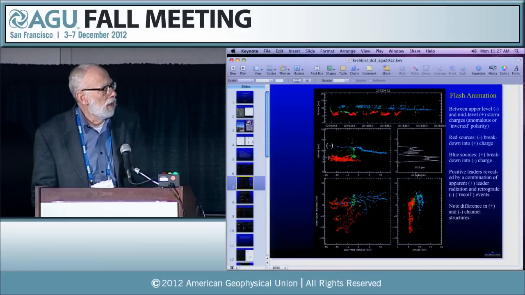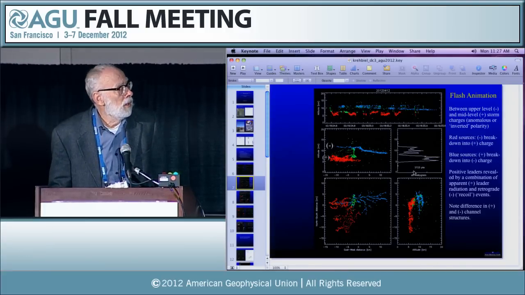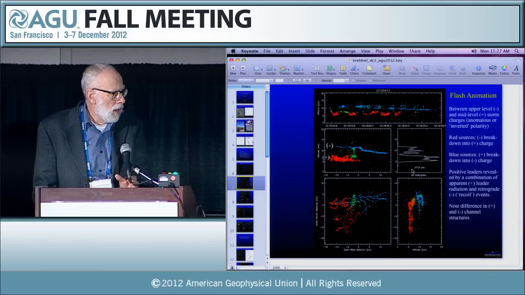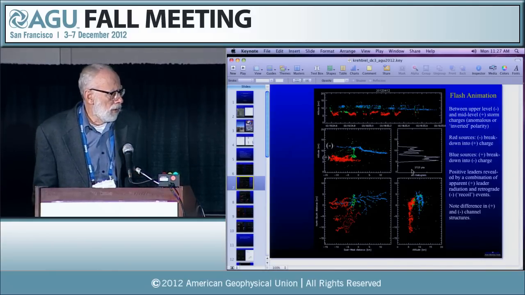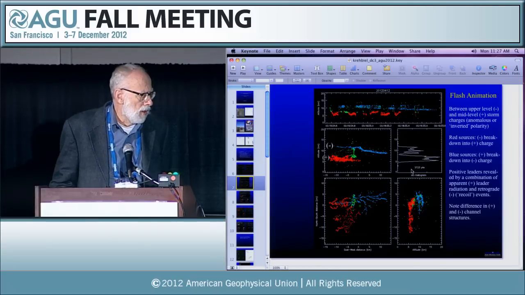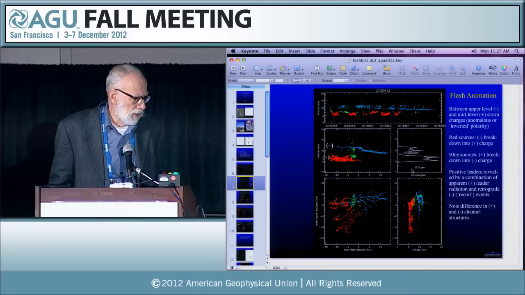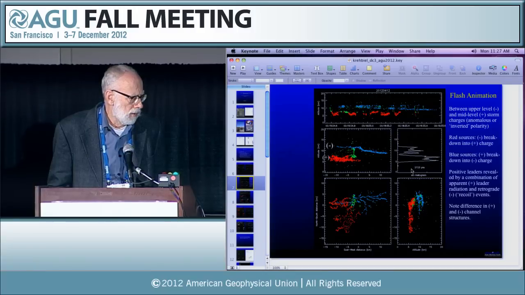Okay, we zoom in on this, and I'm going to show an animation now of this flash. As I described what the two colors correspond to, basically the red is positive charge regions and the blue is negative charge regions.